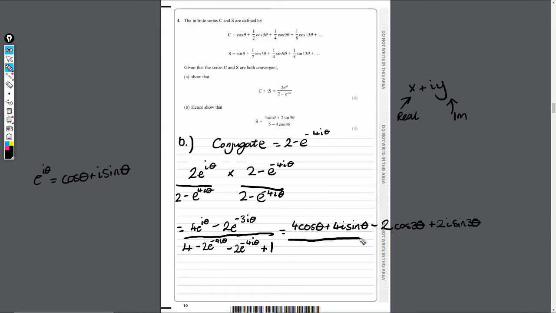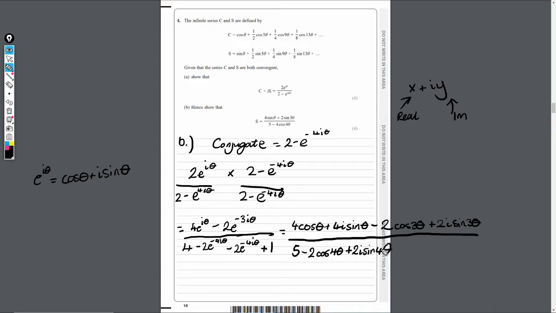So this is going to be quite long, this last line of working. Dealing with the denominator now. So we've got 4 plus 1, so hopefully that's nice and straightforward. For a further maths A-level student, that'll just give us 5. I've got my minus 2e to the minus 4i theta. So what will that give me? Well, that'll give me minus 2 cos 4 theta, plus 2i sine 4 theta.